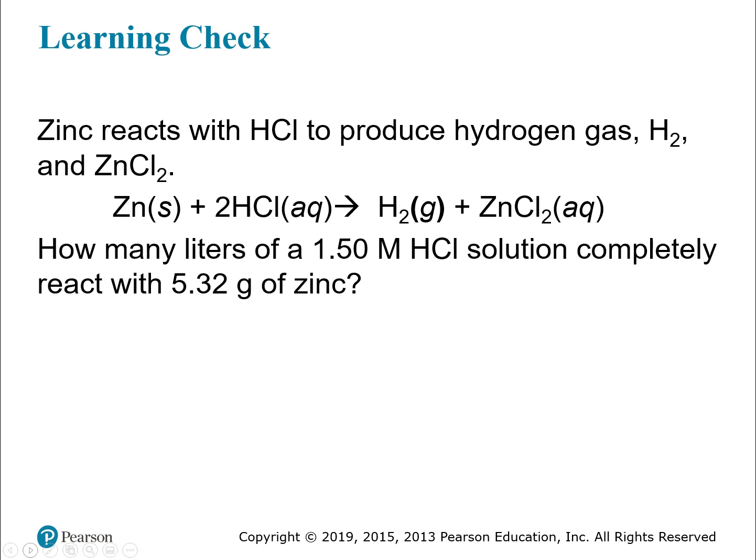So here's a sample problem. Zinc reacts with hydrogen chloride to produce hydrogen gas and zinc chloride. How many liters of a 1.50 molar hydrogen chloride solution, and this is hydrochloric acid, completely react with 5.32 grams of zinc?